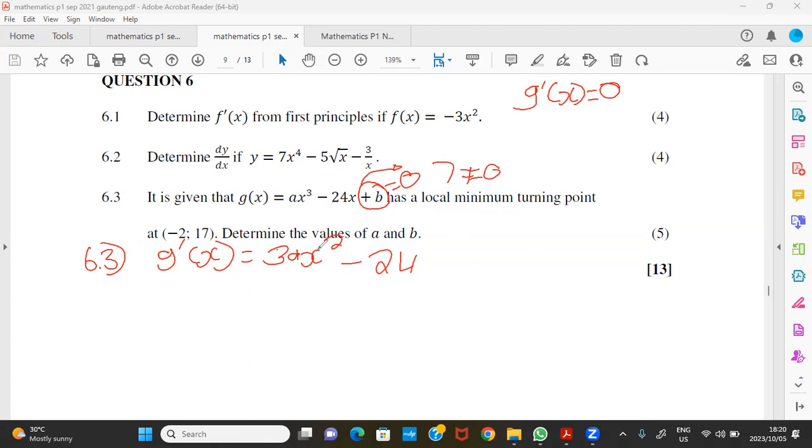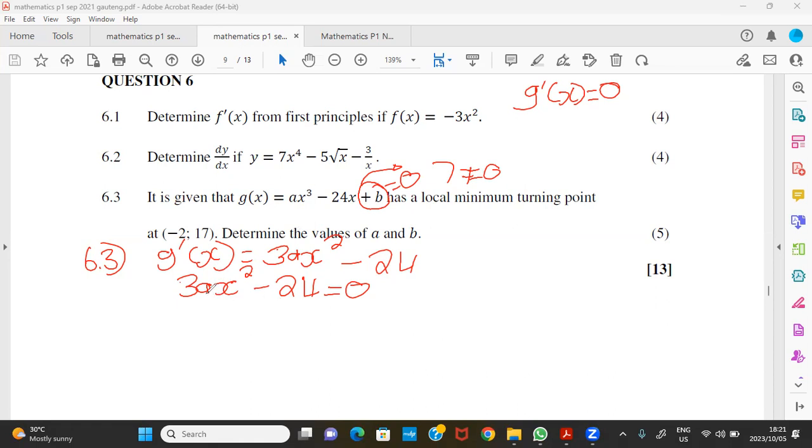So here's our first step, we have derived. Then what did we say? For our turning point, we take our first derivative, which in this case is 3ax squared minus 24, and we equate it to 0. So now we have 3ax squared minus 24 equals 0.